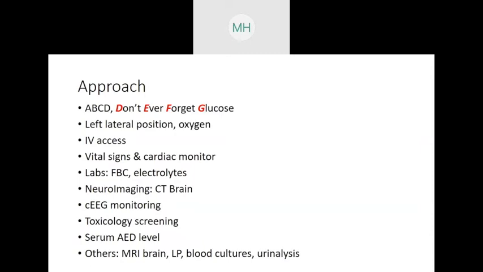Toxicology screening if the history is indicated, and a serum anti-epileptic drug level is good to do, because we want to see whether this patient is subtherapeutic or not, and other investigations that can help our management.